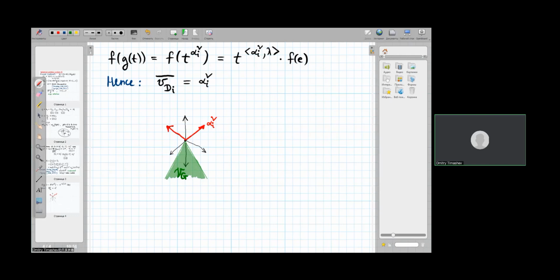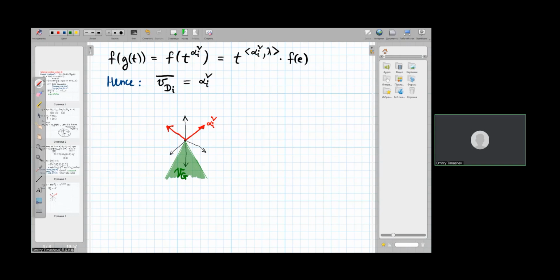And in general, morally, you should think of the valuation cone as the analog of the negative Weil chamber, and of colors as analogs of simple coroots. In fact, the valuation cone is a strict analog of the negative Weil chamber in the sense that there exists a root system sitting in the dual of the weight lattice, such that the valuation cone is exactly the negative Weil chamber for this root system.